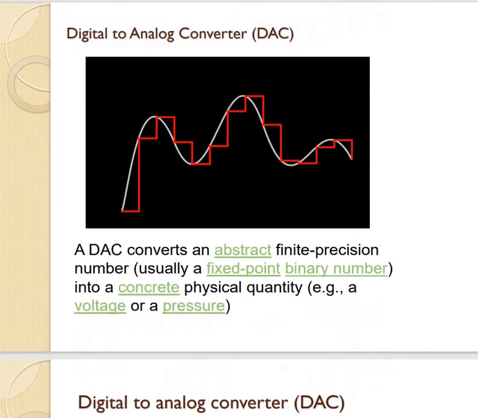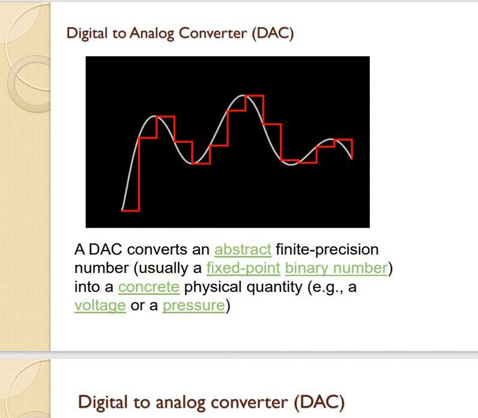Okay, so basically the curve response here, the grey color, is an analog signal. Meanwhile the discrete, discontinuous graph here is a digital signal. So DAC, digital to analog converter. Just now we had ADC, now DAC.